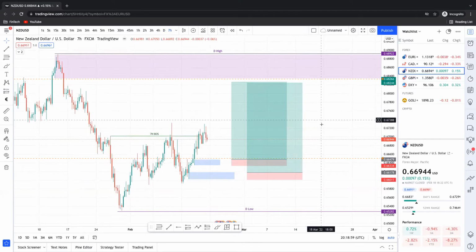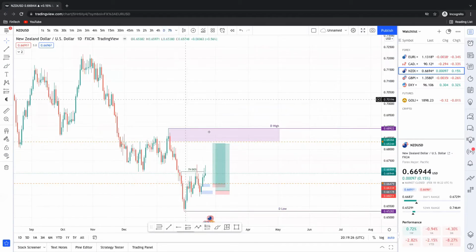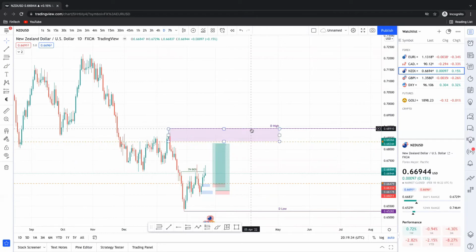So this is what I'm looking at. Tomorrow, if you get an entry in this zone, that will be better. This is the intraday perspective, and the higher time frame bias is a short from this area. Short-term buys are probably in this wick, so you need to get a buy up to here.